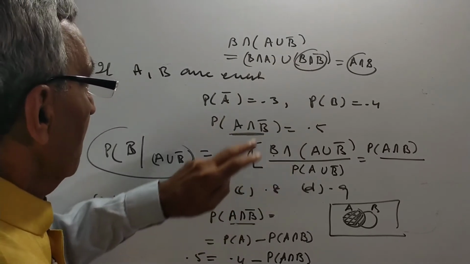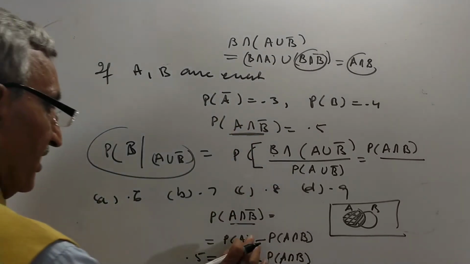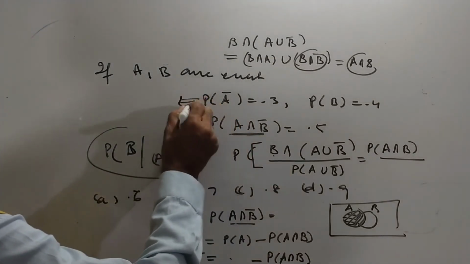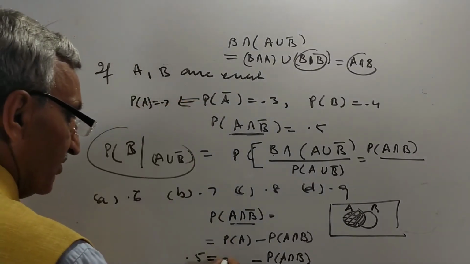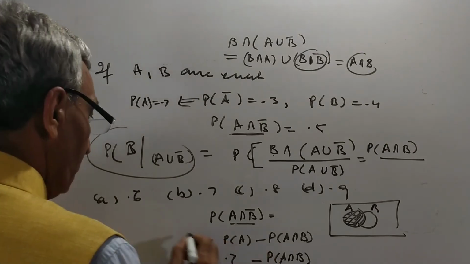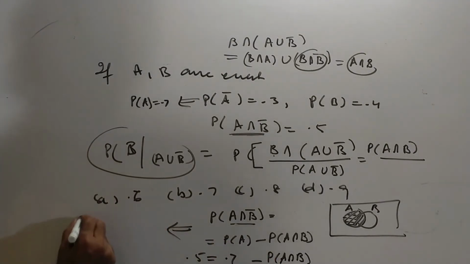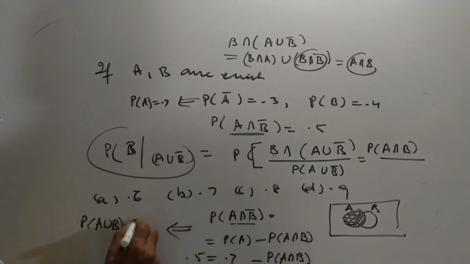A union B, sorry, this A is not 0.4. Probability of this is equal to A is equal to what? 0.7. So this is equal to 0.7. So probability of A intersection union B is equal to 0.2.